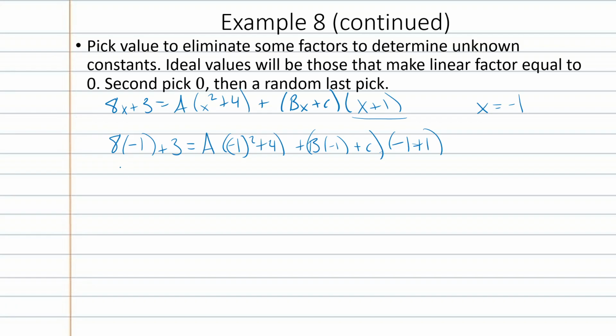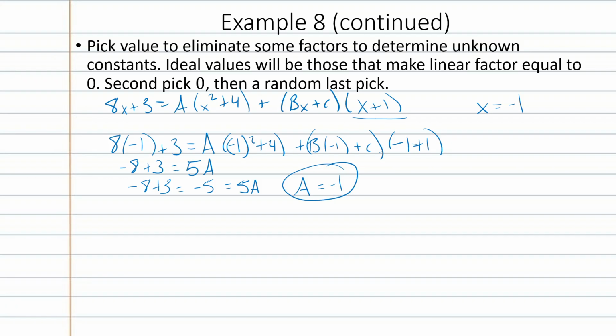All right, so here we're looking at negative 8 plus 3 equals, let's see, negative 1 squared is positive 1, plus 4 is 5, so I'm looking at 5a. And then negative 1 plus 1 is 0, so it zeroes this whole term out. Fair enough. So we're really just looking at negative 8 plus 3 equals negative 5, which equals 5a, so that a has to equal negative 1.